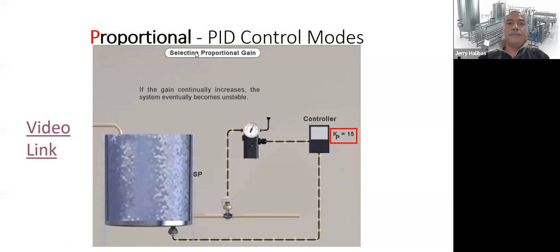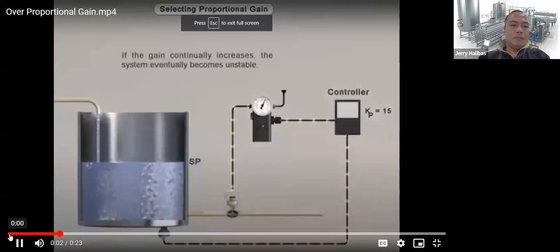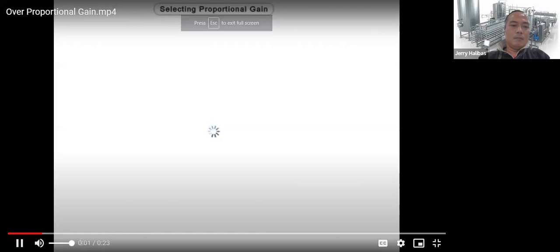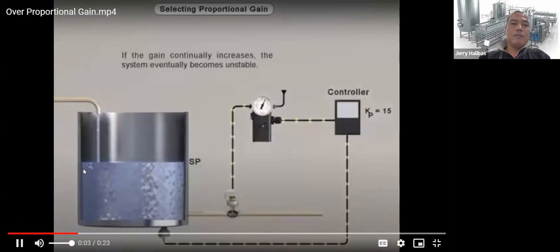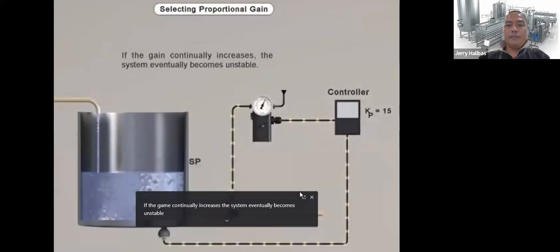Share. If the gain continually increases, the system eventually becomes unstable.